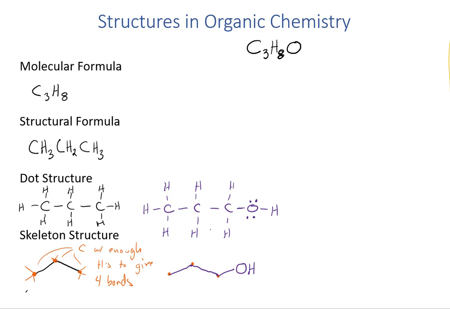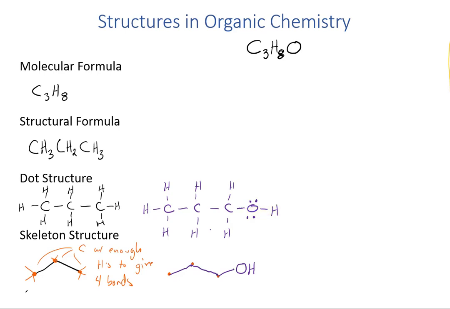Sometimes we'll put lone pairs on the oxygen, sometimes not, depending on the needs. But in this case, we'll just leave them off for simplicity's sake. Now, the structural formula here, following the same pattern we did here, notice all we've done is replace the hydrogen on this end with an OH.